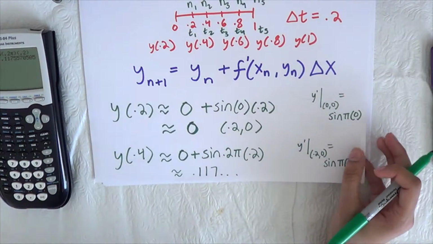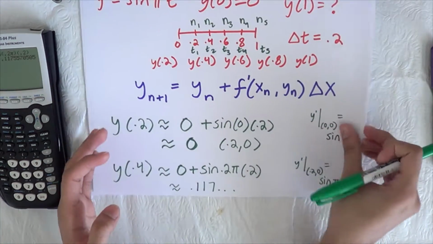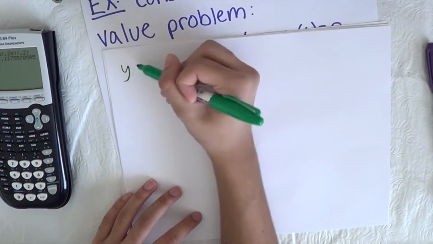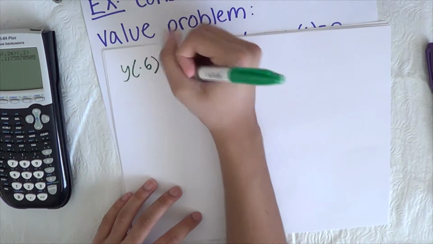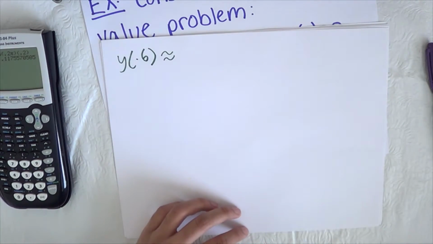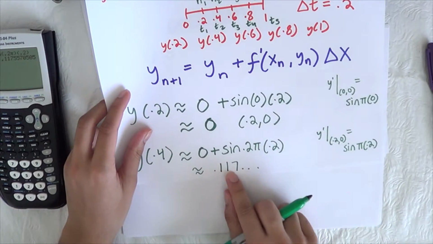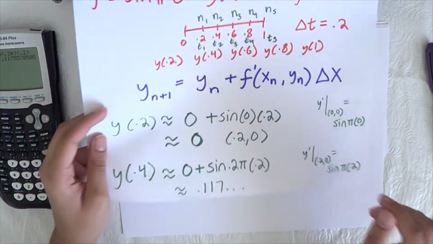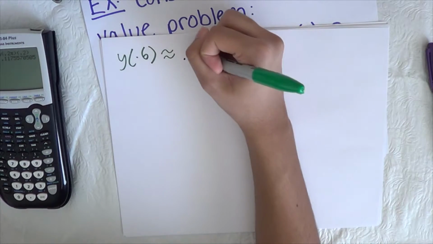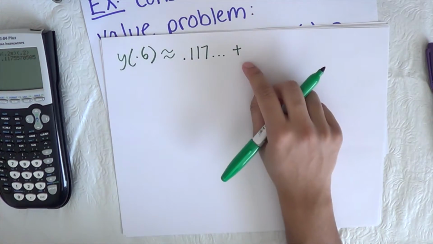So next step, we will be doing y of 0.6 because it's the next step. Y of 0.6 approximates to the y value of the previous function, which was the 0.117..., plus the slope of the previous point.